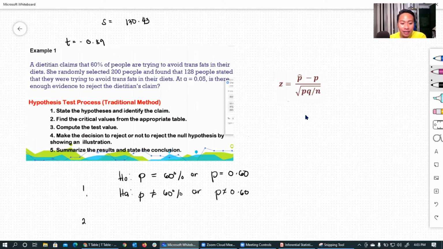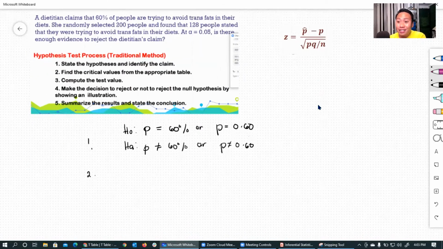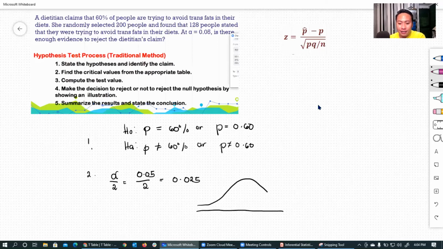The second step, guys, is knowing the critical value. Now, since this is a two-tailed test, because of the alternative, you then divide your alpha by 2. Your alpha here is 0.05 over 2, which gives us 0.025, right? And that means 0.025 is the area that we're going to consider.